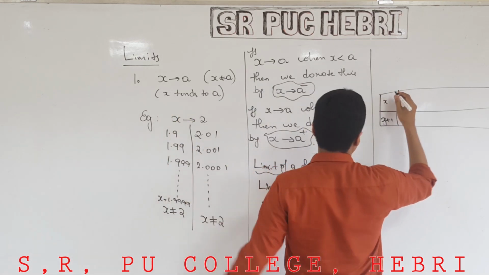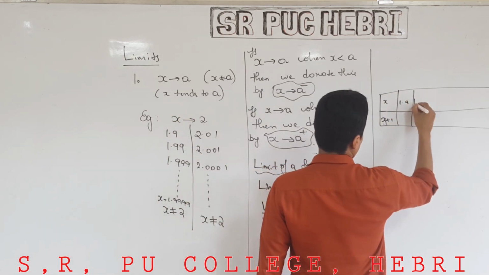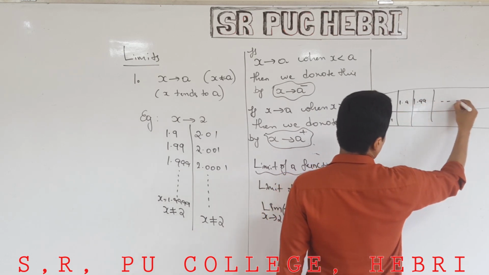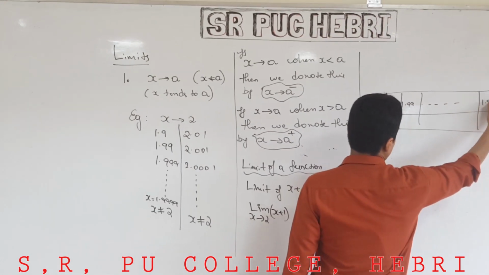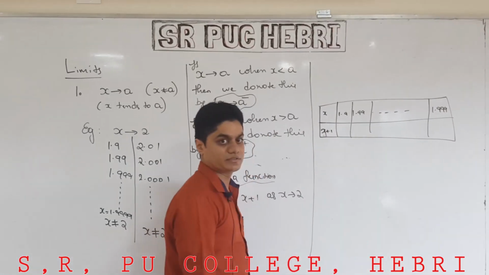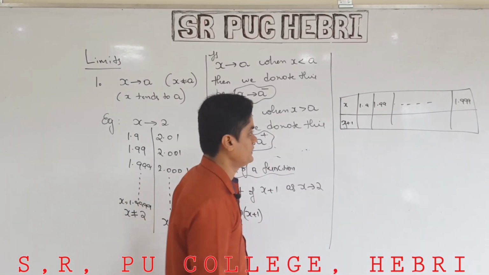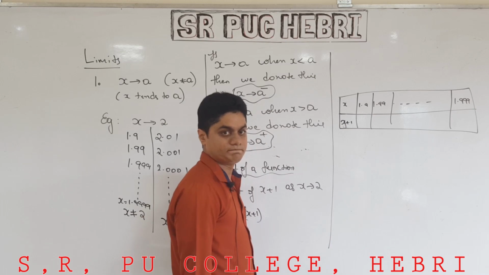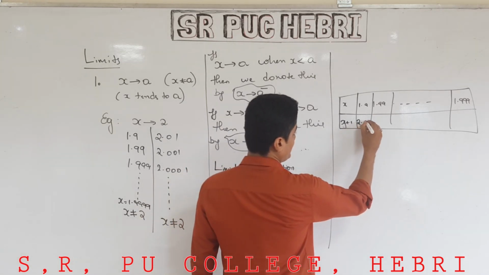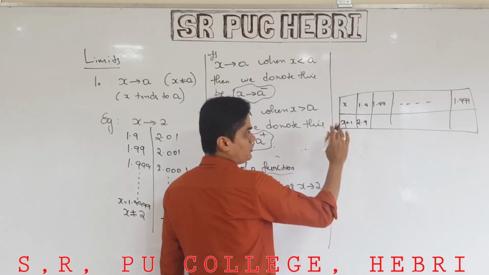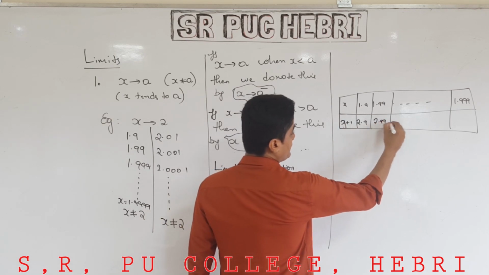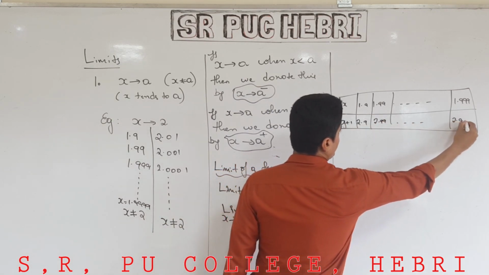Let me take from the left hand side first: 1.9, 1.99 and so on. It is not possible to write all, just a few elements. Suppose it is 1.9, then x plus 1 will be 2.9, just add 1 to it, then 2.99 and so on, 2.999.